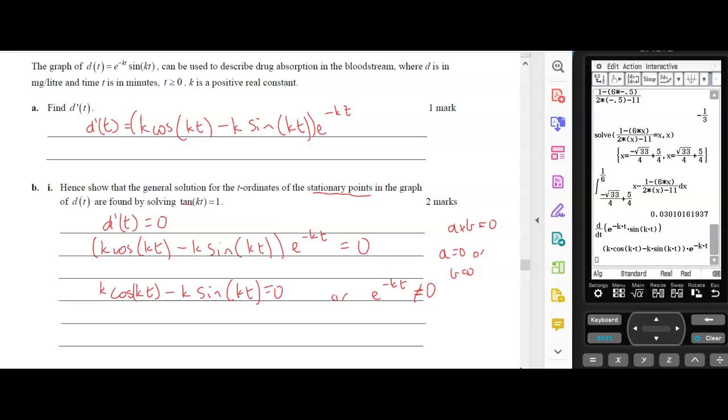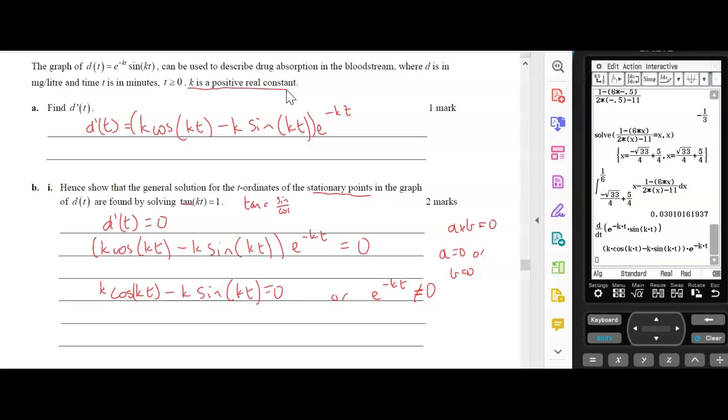Now remember, tan is equal to sine over cos. So we've got to just manipulate this a little bit until we get this answer here. Another thing I should have realized is k is a positive real constant.